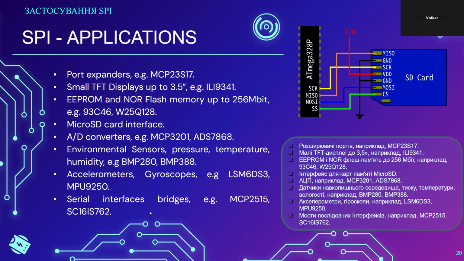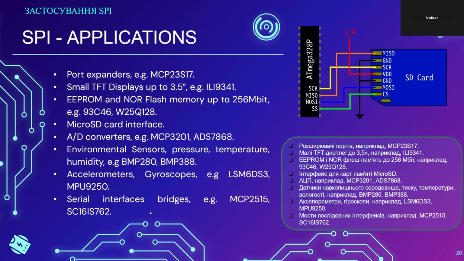But once you're getting into resolution sizes for 5-inch, 7-inch displays, SPI is generally not supported because it is not fast enough for large resolution displays. But if you just want a small to medium sized display, yes, SPI can support it. EEPROM, NOR flash memory.